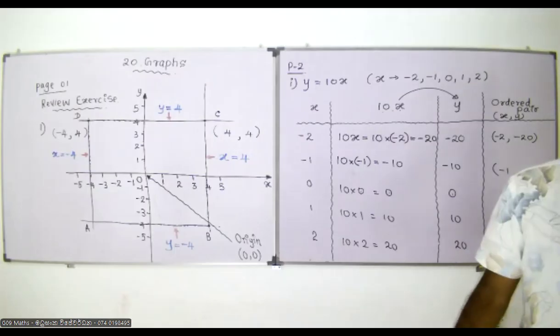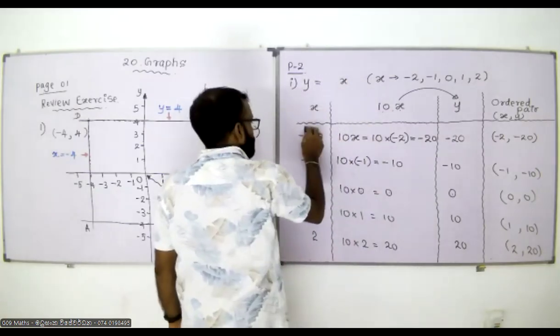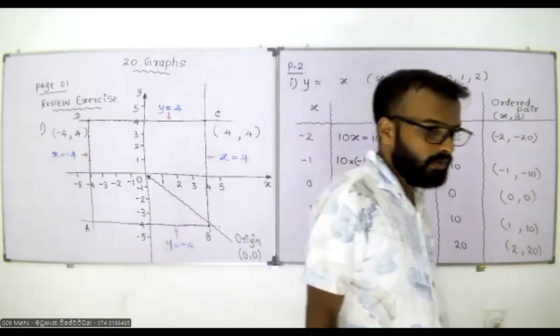And I told you to do y equals minus 3x as well. What are the values given?